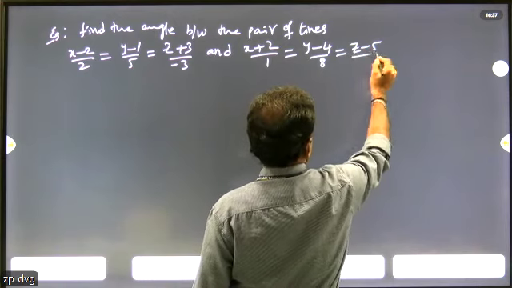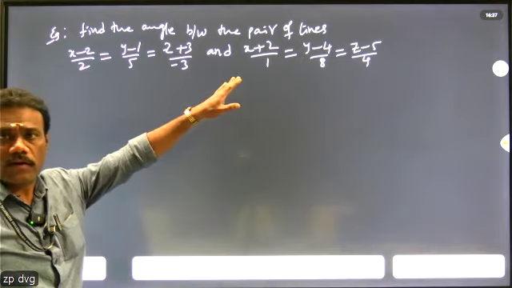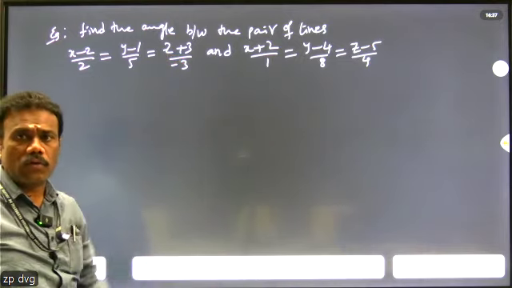This is the given. So two lines are given, and you have to find the angle between the two lines.